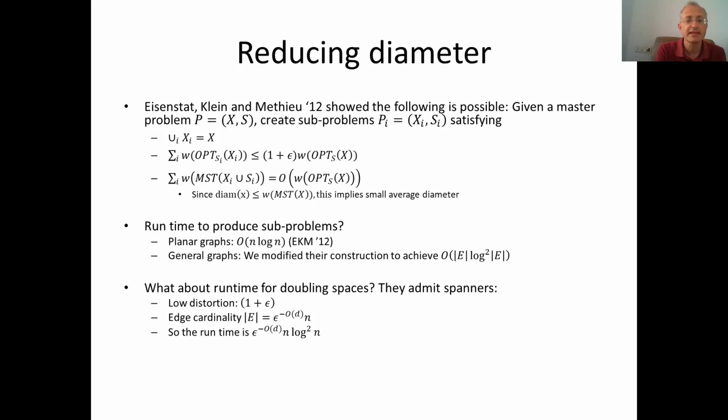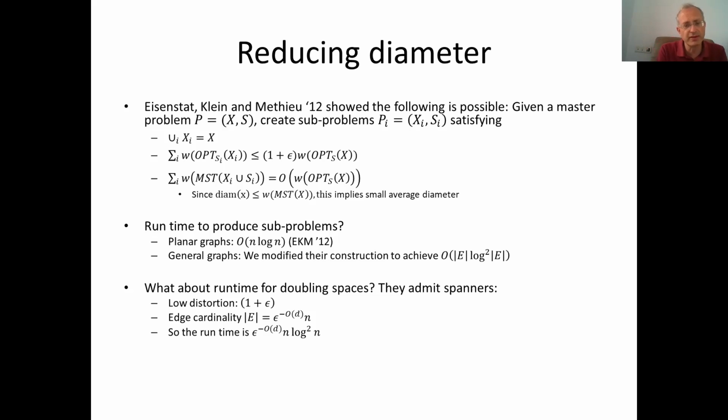The subproblems satisfy that the union of the terminals in the subproblems equals the terminal set, and that the sum of the optimal solutions for the subproblems doesn't have much more weight than the optimal solution for the larger problem. Implicit in this, even though I don't say it, is that if you solve all the smaller problems, you've also solved the larger problem.